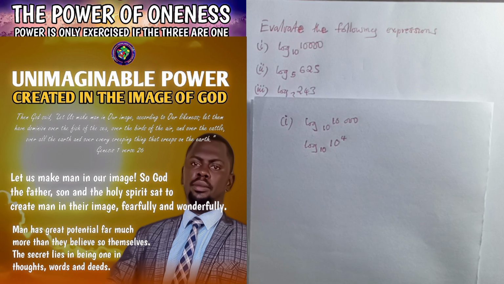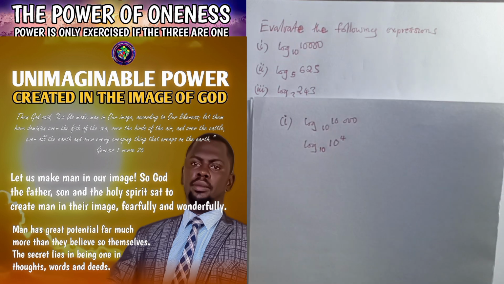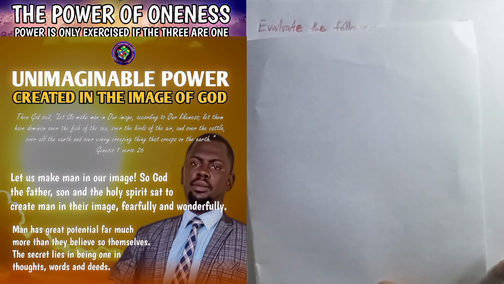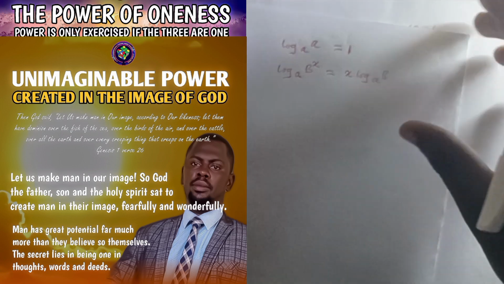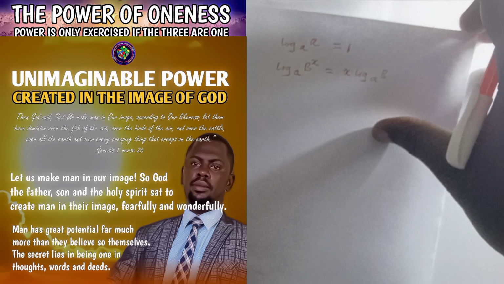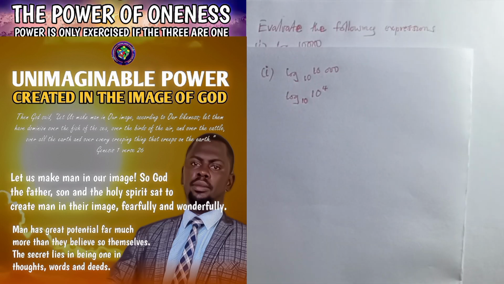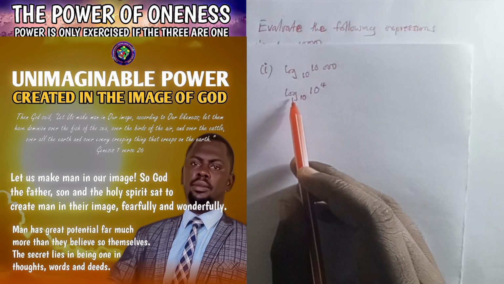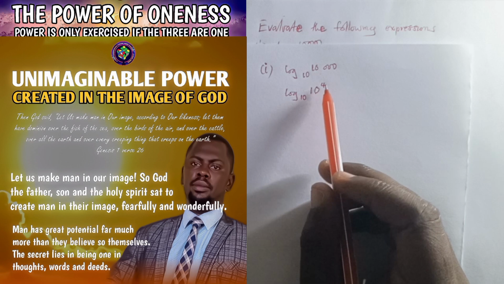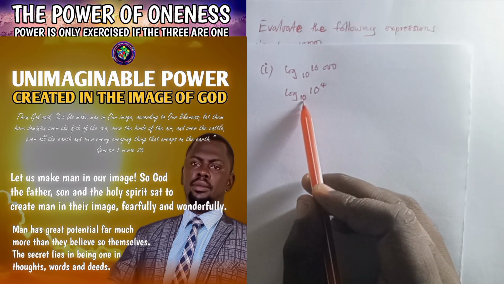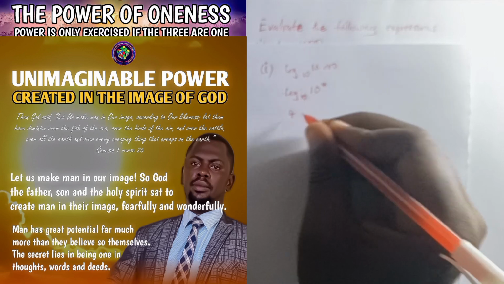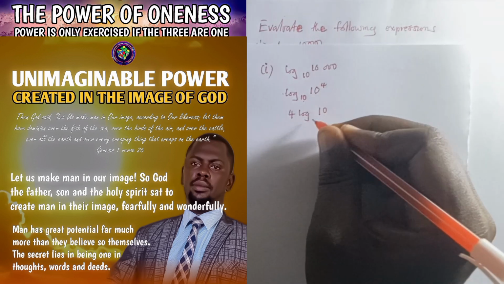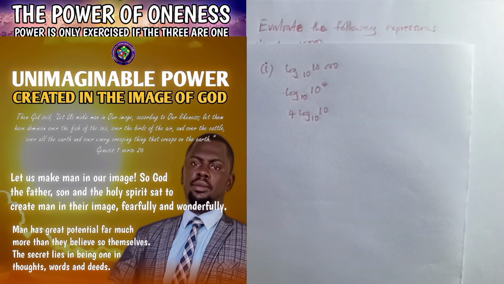Then according to our second law, which I mentioned, the power can just go down there. So we have log of 10 to the power 4 base 10, and this power will go down there. So we are going to have 4 log 10 base 10.